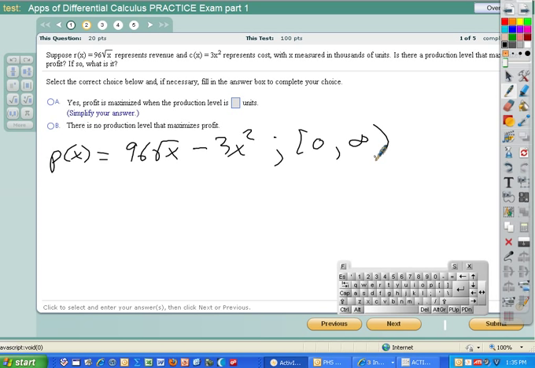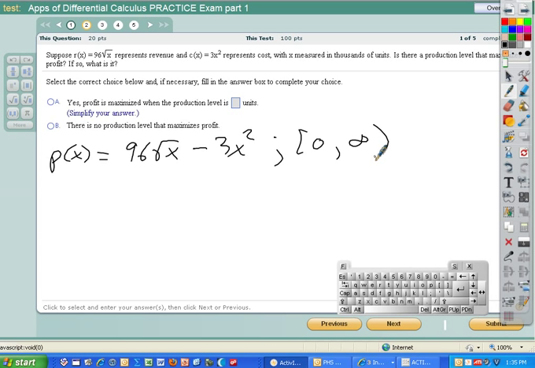Okay, so how are we going to know? We want to know, is there a production level that maximizes profit? If so, what is it? What do we do? Find the maximum. This is a much easier problem than the first one. We don't have to draw any pictures or anything. We're already down to step 5. Their step 4 is the domain. There's only 5 steps and we're done. We haven't finished step 5, we've just begun it.